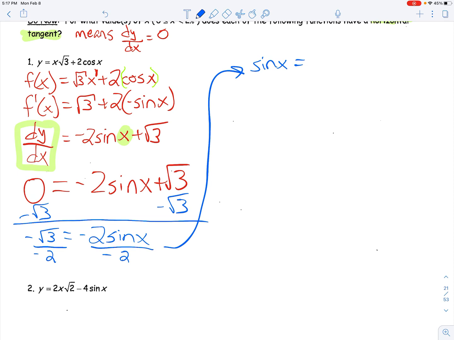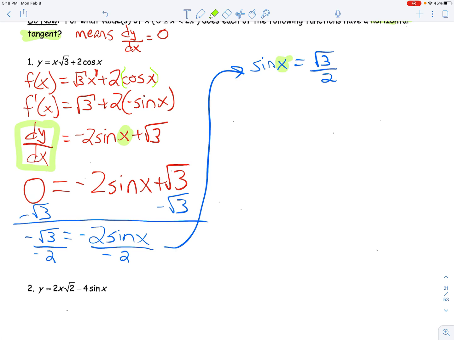Divide both sides by negative 2, and I'm going to get sine of x equal to negative radical 3 divided by negative 2, which is radical 3 over 2.